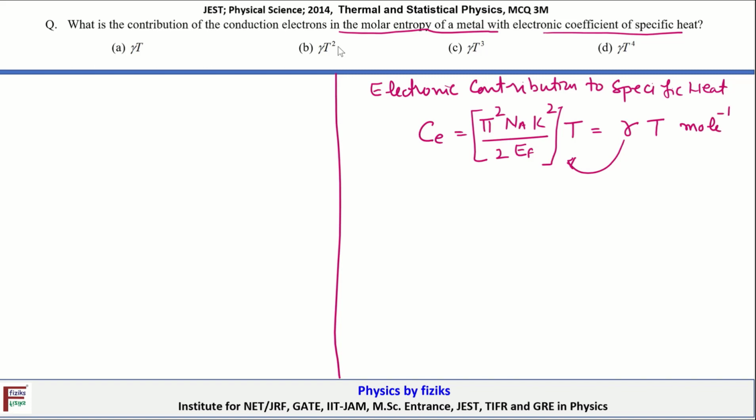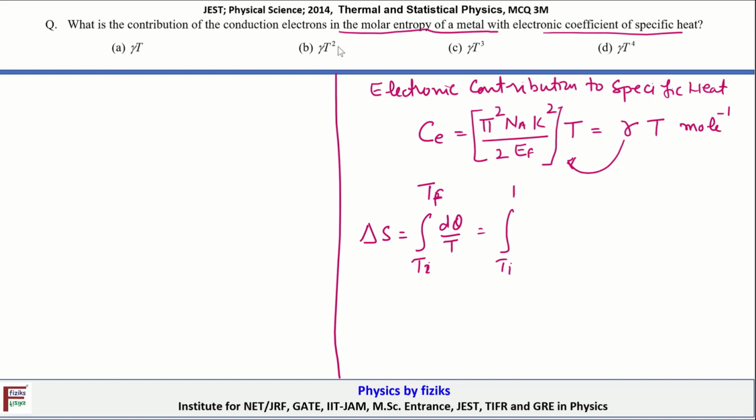Now the corresponding contribution to the molar entropy, delta S, let's say the temperature changes from T1 to T2, and that is dQ by T. That's the basic definition of the entropy. Instead of writing T1 to T2, let's write T initial to T final.